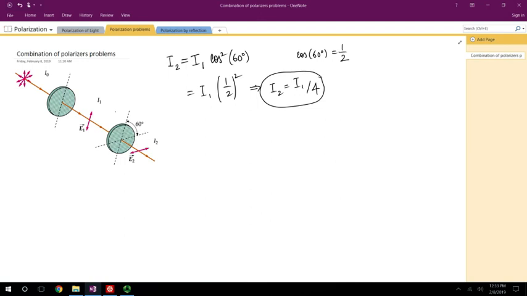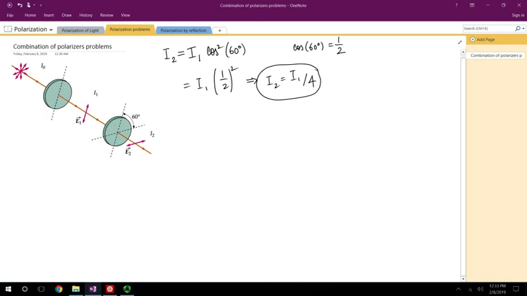Now let's approach the relationship between I1 and I0. That's a little more complicated because for I naught, there are all sorts of different polarizations coming in, but for I1, there's only one polarization that stays. So let's arbitrarily choose one of these arrows for I naught.